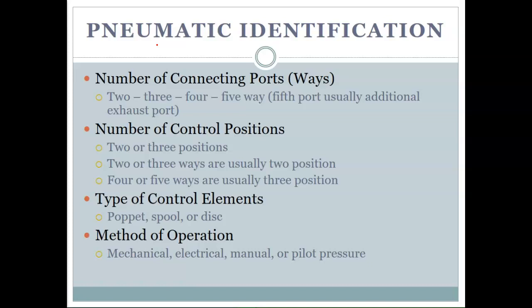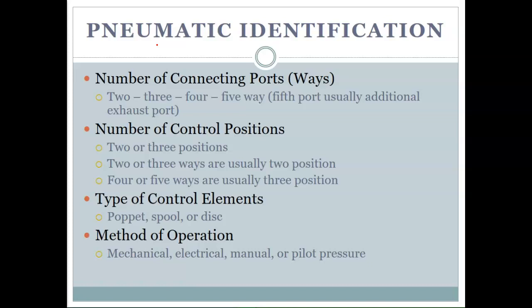So the first thing we identify is the number of ways, or the number of ports. The next thing we identify is by the number of positions. In other words, how many different ways can I switch it so that it'll do the job I need it to do? You have the type of control elements.